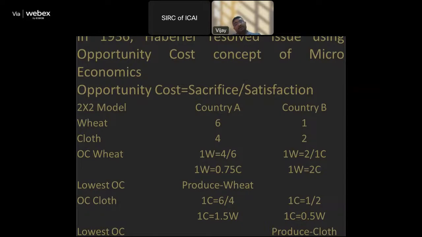So the opportunity cost of cloth is low in case of country B compared to country A. So country B will produce cloth because opportunity cost is less. So this is the opportunity cost concept which has been used in international trade.